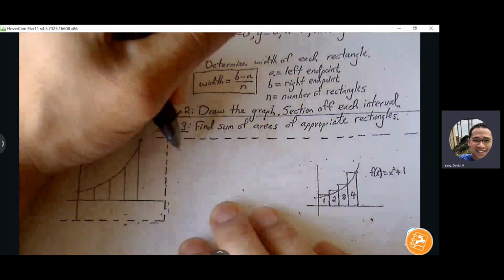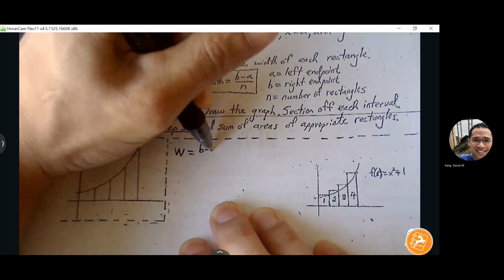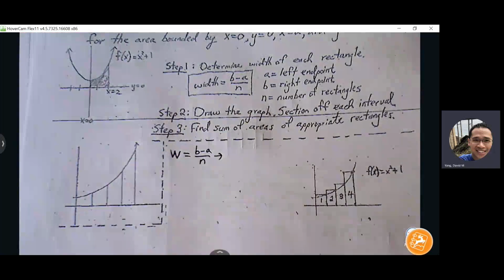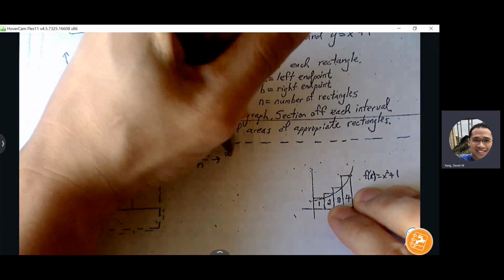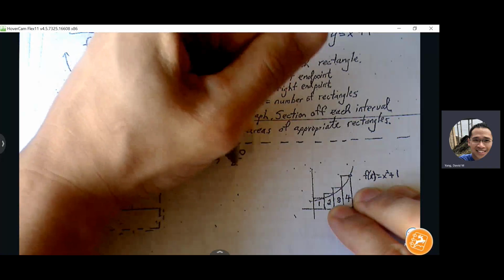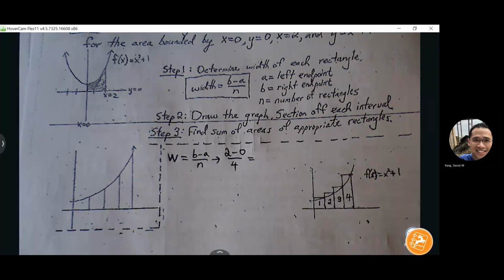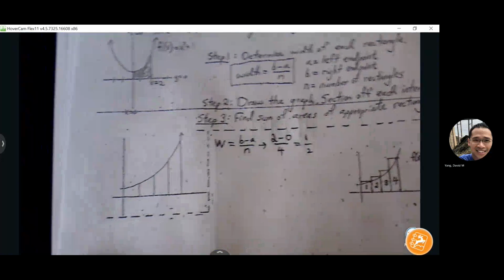So let's go ahead and find the width that we want to use. My a and b values are my left and right endpoints, 0 and 2. So 2 minus 0 over 4. What is that going to be equal to? 1/2. So my width is going to be 1/2.